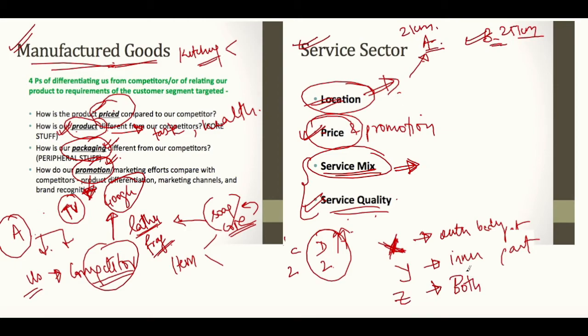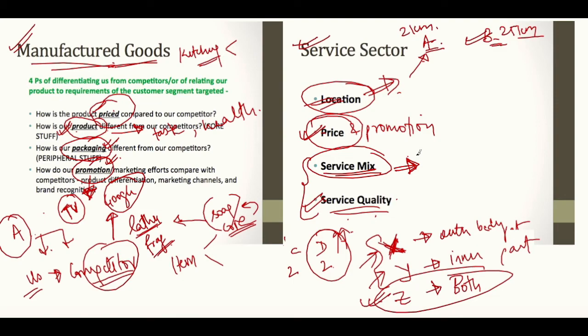Now if you're in an accident and a car needs repairing, instead of going to X and then going to Y separately, you would go for Z in most cases. So the service mix also is important. You should have a bouquet of services as far as possible, and that will draw the customers more towards you. I hope all these points on the service sector are clear.